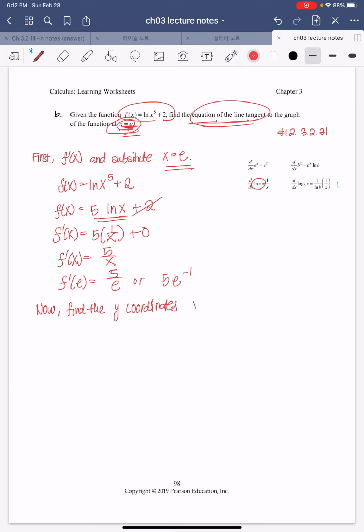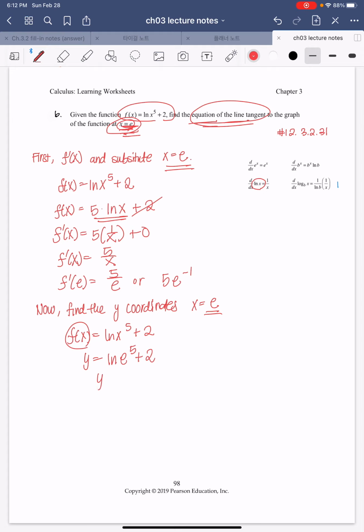So we are given x equal e. So the original one, if I have f of x as ln x to the 5th plus 2, we plug it in. That's the y value with x equal e. So ln e raised to the 5th power plus 2.